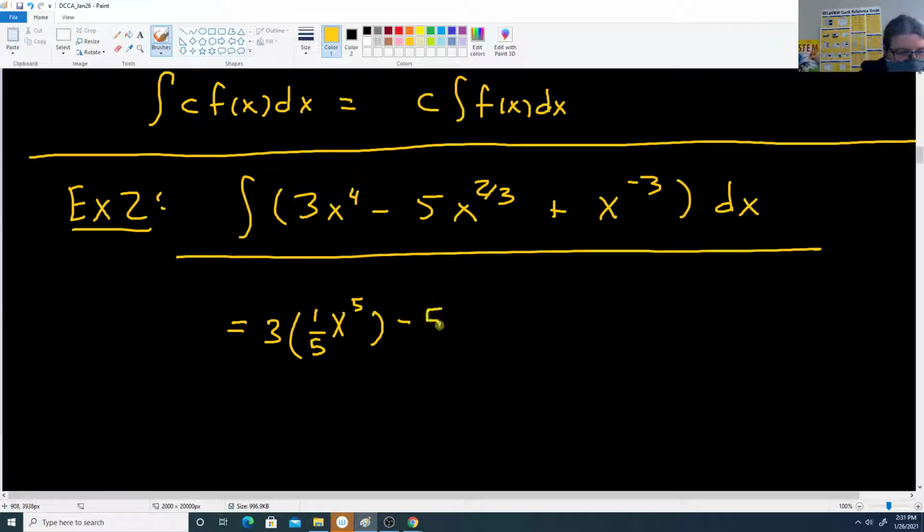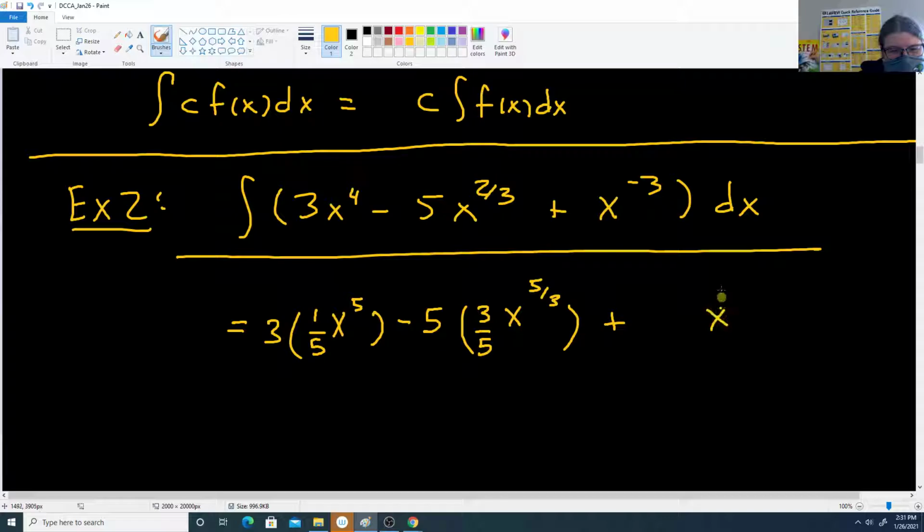So minus, we have the 5, and now I'm going to deal with this part here. 2/3 plus 3/3 would be 5/3. The 5/3 is going to come down. It's going to need a 3/5 to cancel with it. And this will make this term x to the 2/3, and then it gets multiplied by the negative 5.